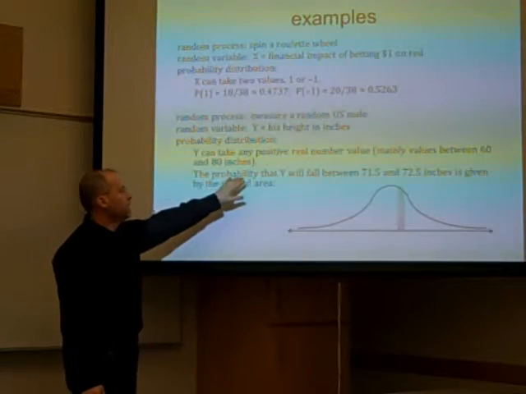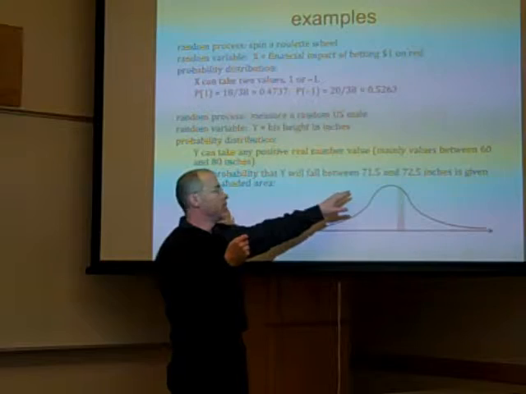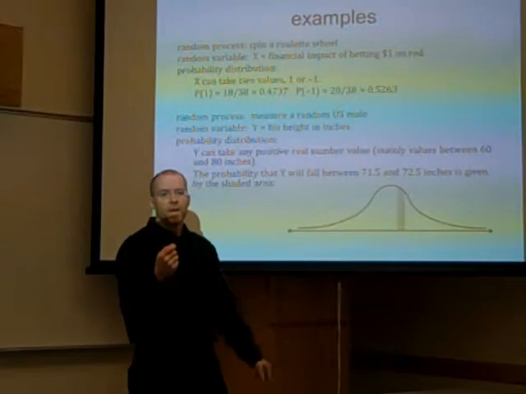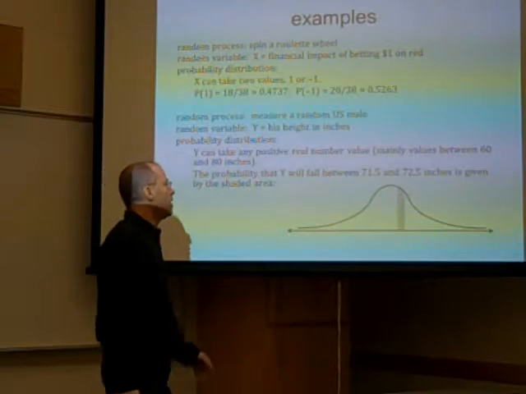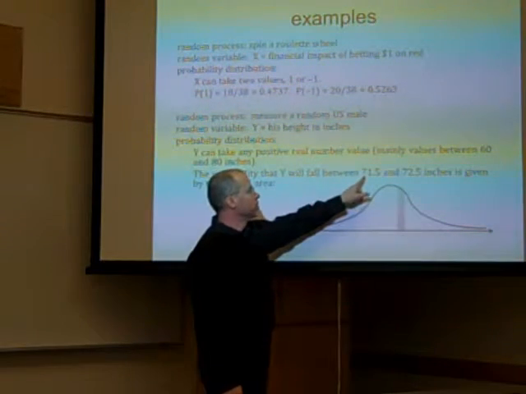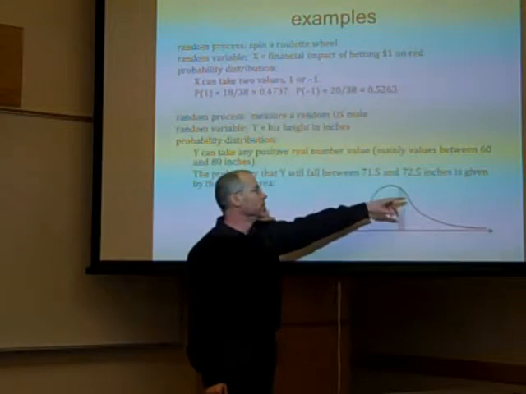And then the probability of, say, having this randomly selected male be 6 feet tall, if you mean 6 feet tall to the nearest inch, well, maybe that means you'd measure them somewhere between 71.5 and 72.5 inches.